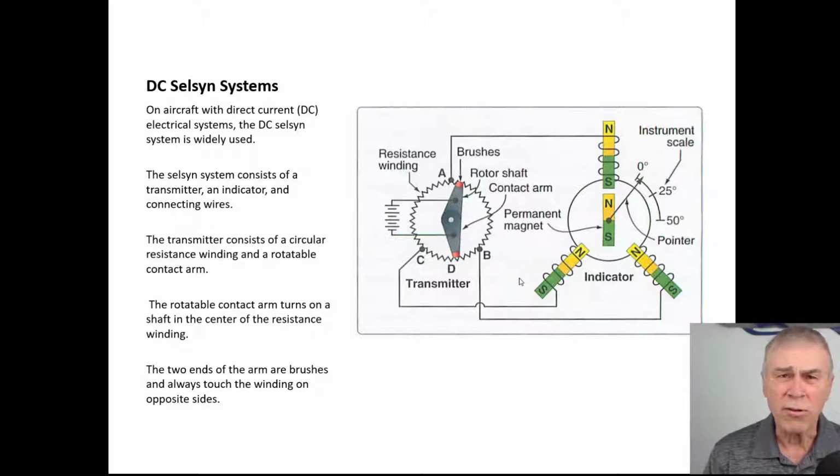It looks like the wires tap into this resistor at points A, B, and C. A rotatable contact arm turns on the shaft in the center of the resistance winding. The two ends of the arm are brushes and always touch the windings on opposite sides. So the little red parts are the brushes. So they're actually touching the windings, which basically affect how much resistance is in the circuit.